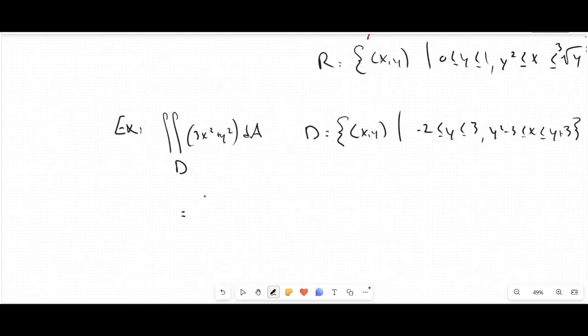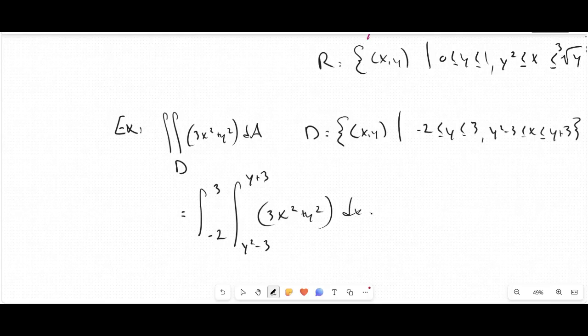So let's just set this integral up with y on the outside, and we'll use those bounds that they gave us for x, no, y squared, excuse me. And then we have to integrate the function they gave us, 3x squared plus y squared, dx dy.